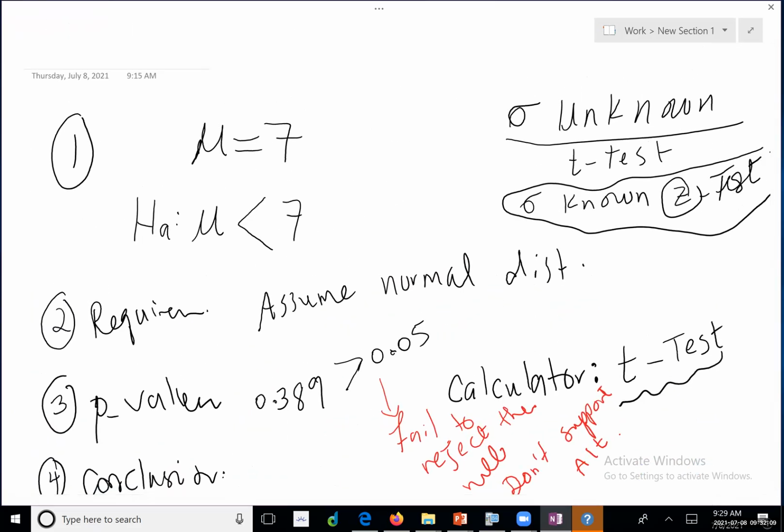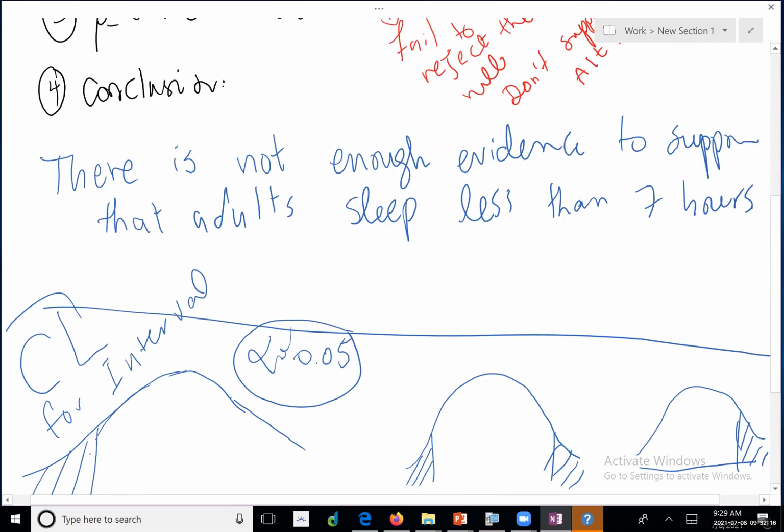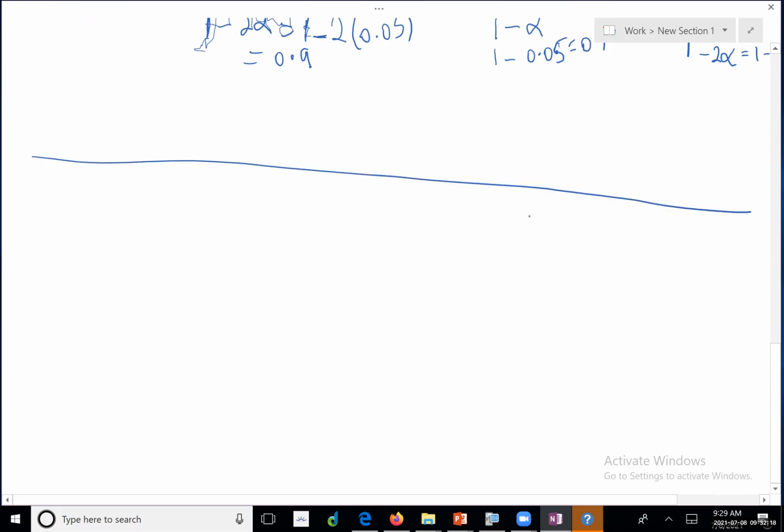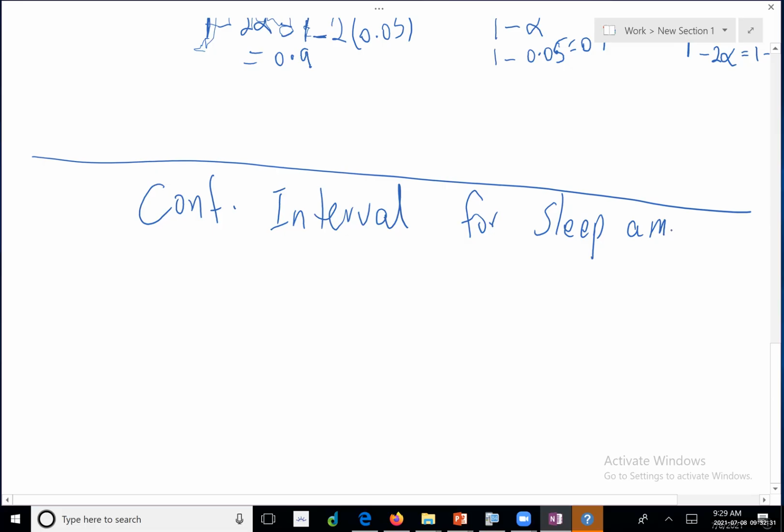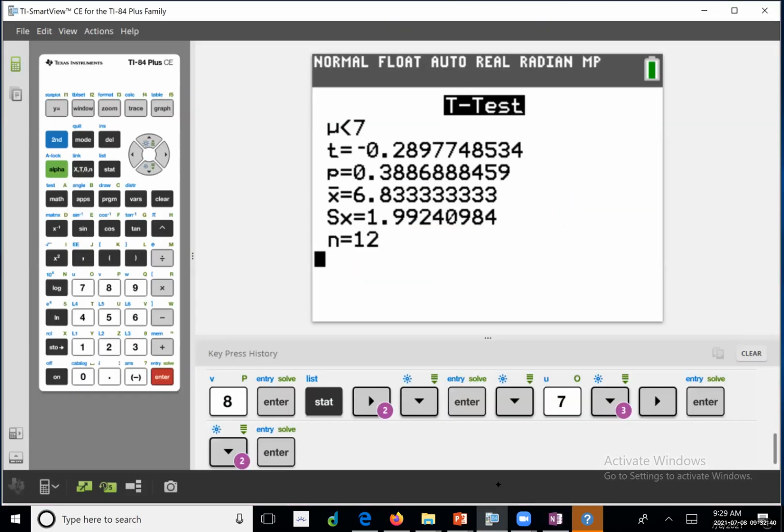the amount of sleep, the average amount of sleep. If you remember, for confidence interval, that was chapter 7.